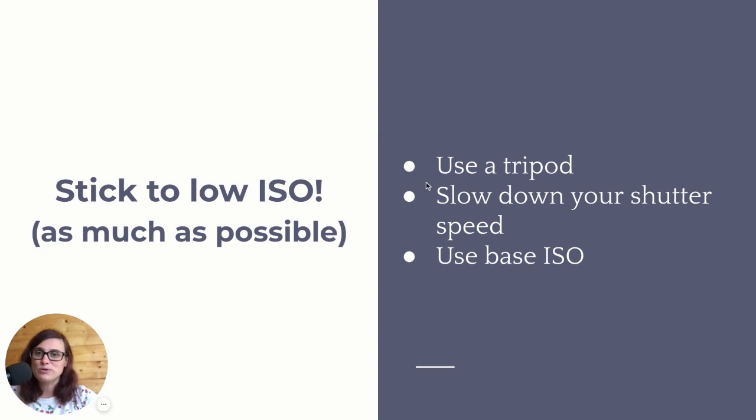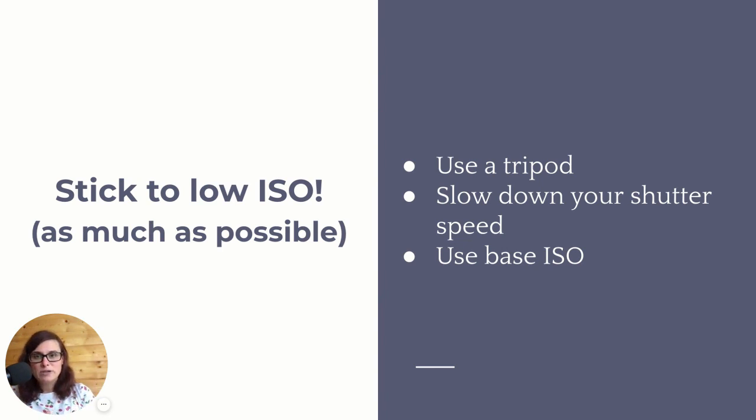In order to be able to do that, you have to use a tripod so that you can slow down your shutter speed. Again, in order to keep your exposure correct or in the range that you want, you have to sacrifice either your shutter speed, your aperture, or your ISO.